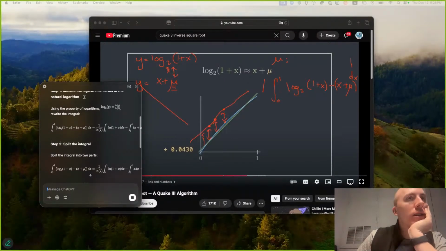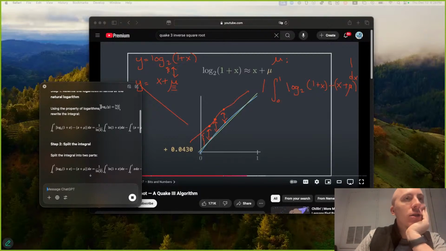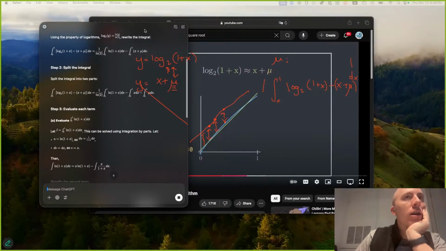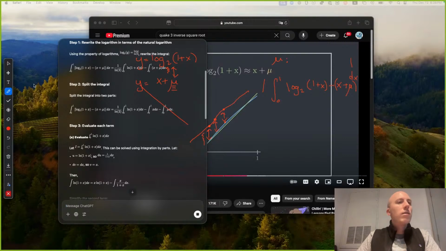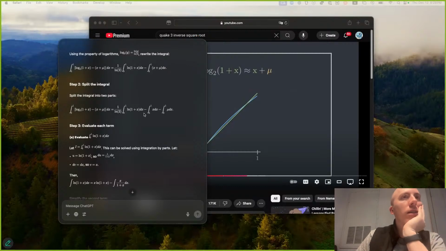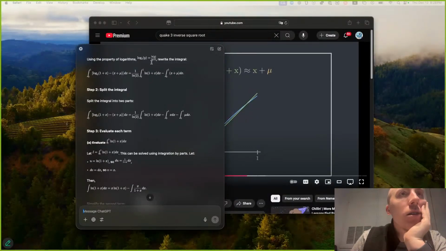Rewrite it in terms of the natural log. Oh man, I haven't seen this trick in a really long time. We can rewrite this in terms of natural logs.